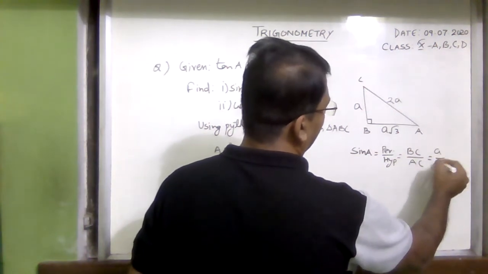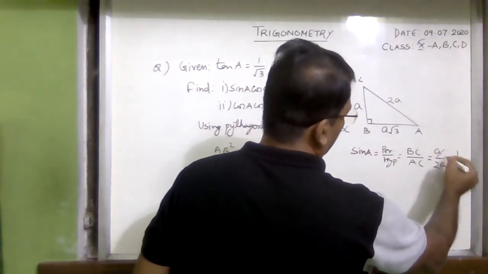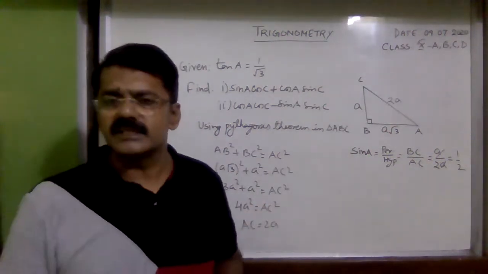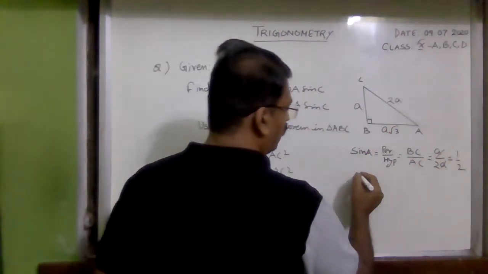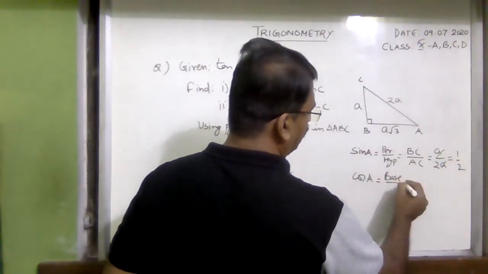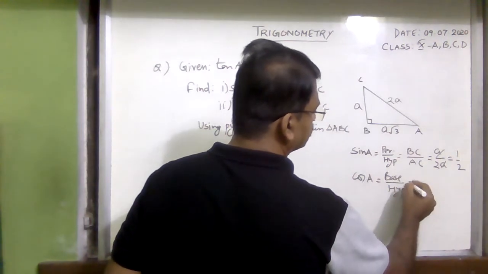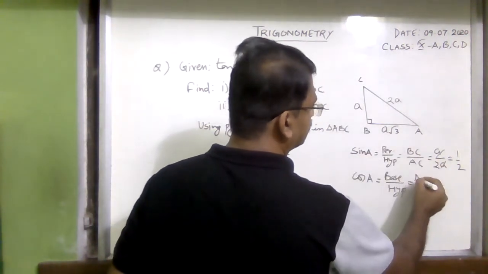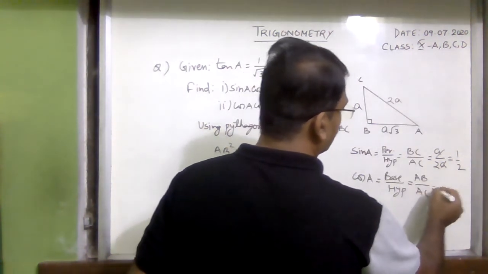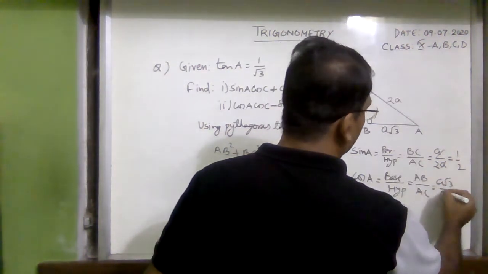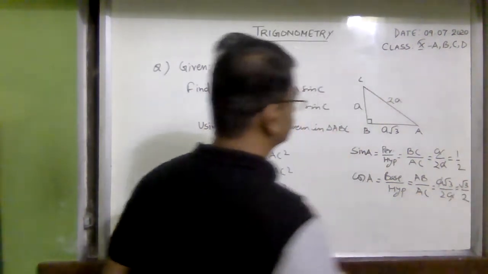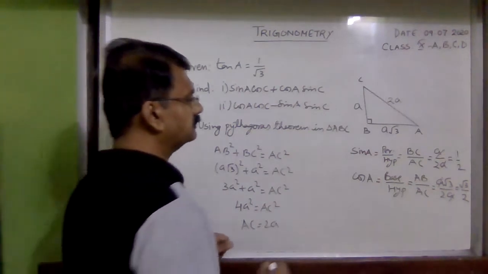So A by 2A. So I have found sin A. Now cos A, base upon hypotenuse. Base is AB, hypotenuse is AC. A root 3 upon 2A. So it is root 3 by 2. Cos A is root 3 by 2.